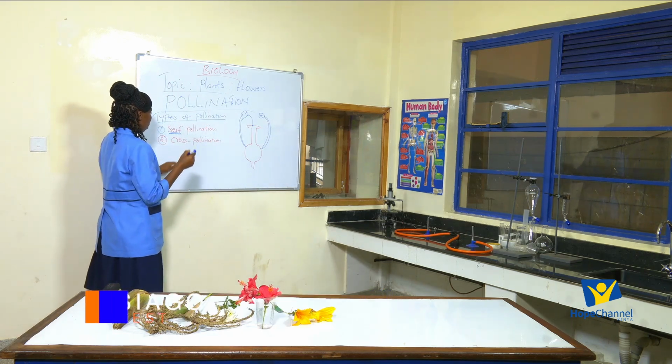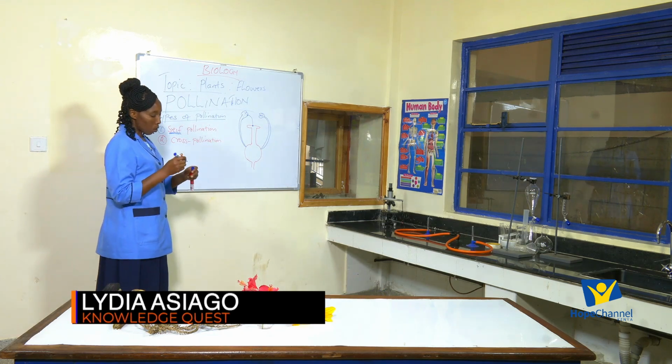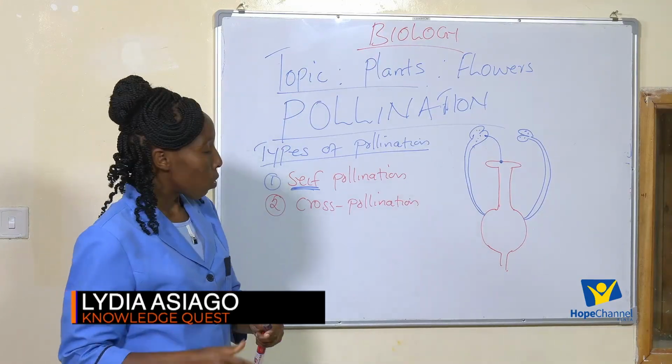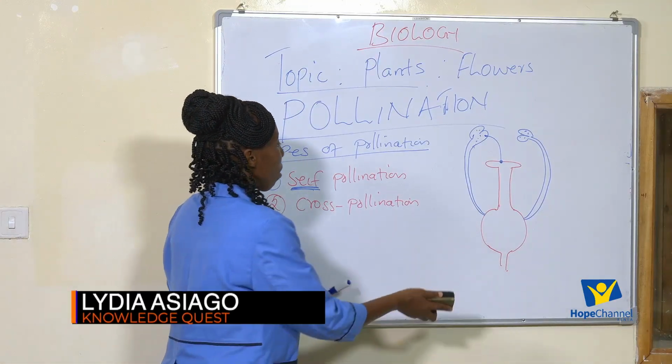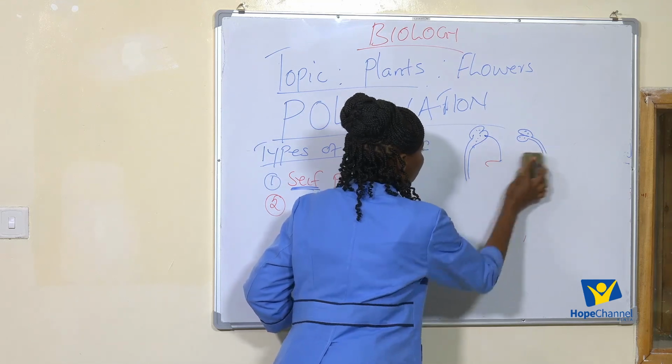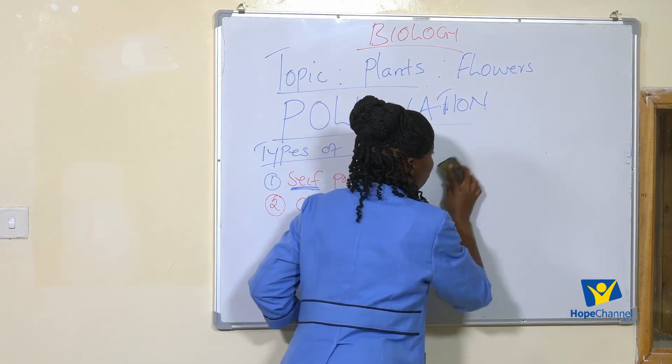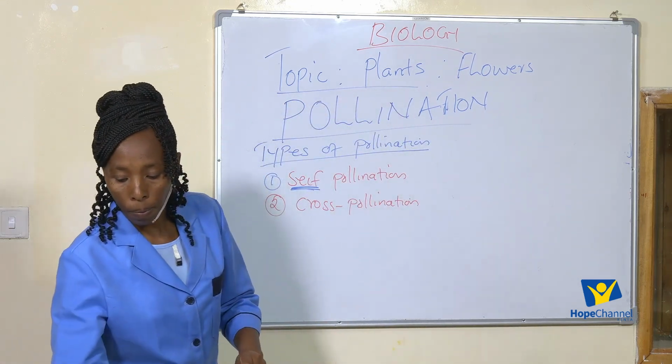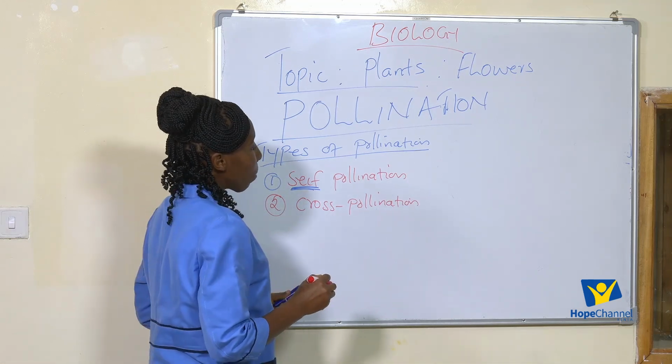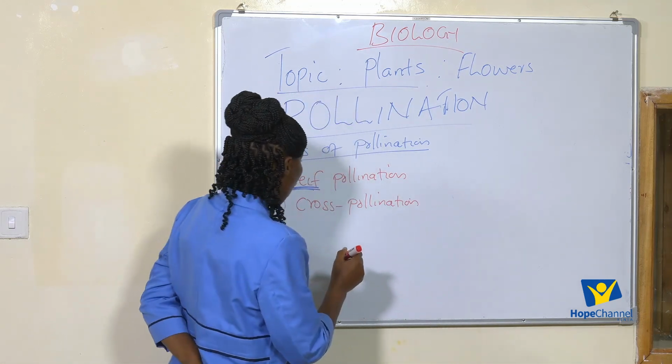So we move to the next part, when we talk about cross-pollination. In cross-pollination, this means you transfer pollen grains from the anthers of the same species but of different plant.